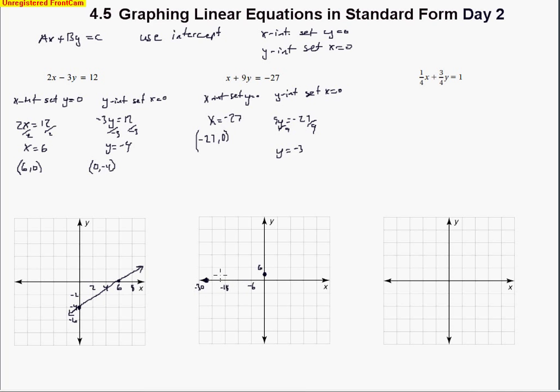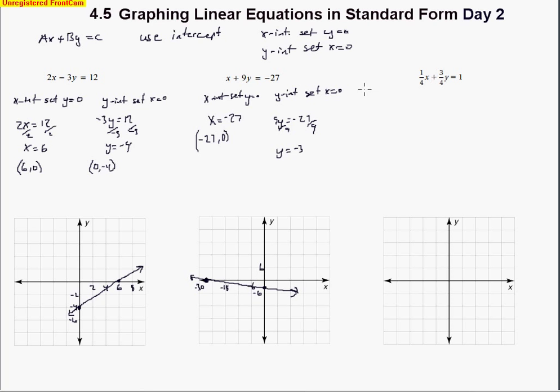This is 6, but down here is negative 6, so I'll go about there and draw the line between them. The nice thing about using the same intervals on both the x and y axes is that you get a better understanding of what the slope looks like. It will match the actual one, whereas with different intervals, the slope will be a little skewed from what it would actually look like.